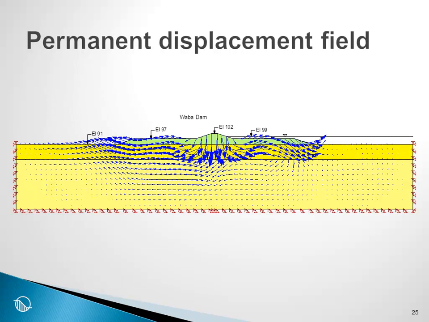So here is the final picture of the result, and we can see here that there indeed was some accumulated plastic strain, some movement laterally, and then some heave beyond the berms. So this is what we call the final displacement field, and it's very graphic and helps us understand the permanent deformations at the end of the shaking.